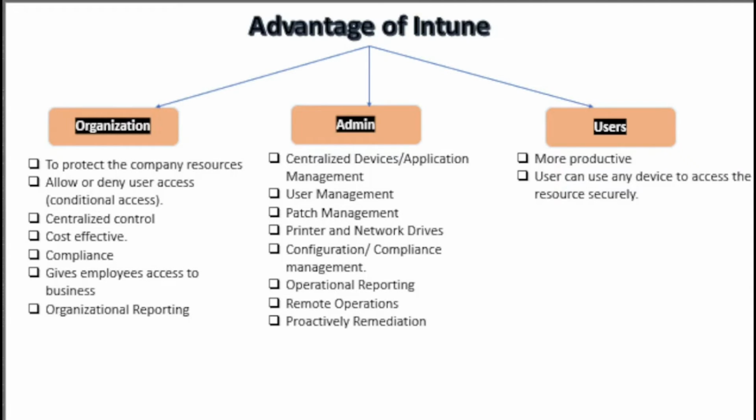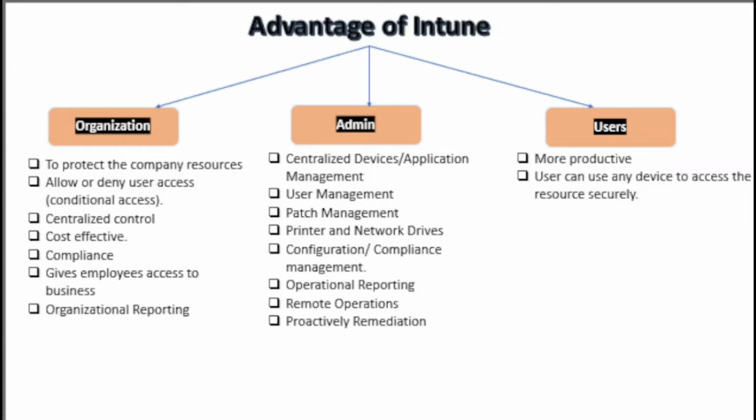With respect to organization advantage, the organization can protect the company resources. They can allow or deny user access using conditional access. They can control the device from one web console, so no need to buy additional infrastructure. It's a cost effective and the quickest way to build an infrastructure.